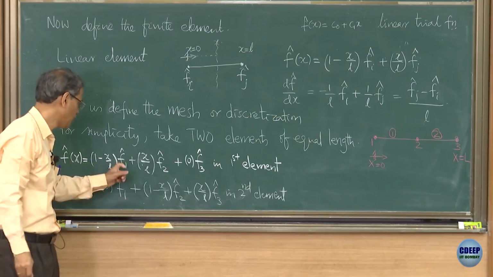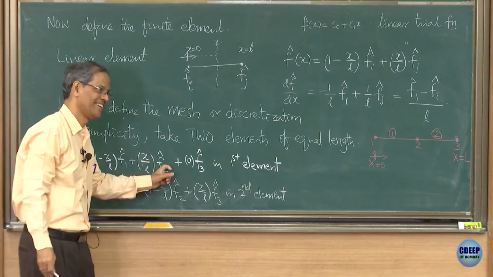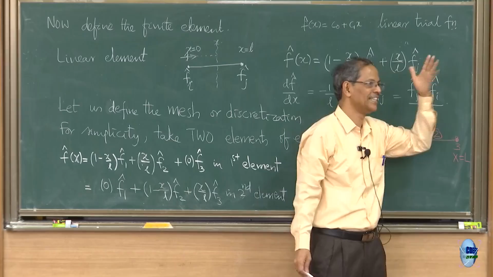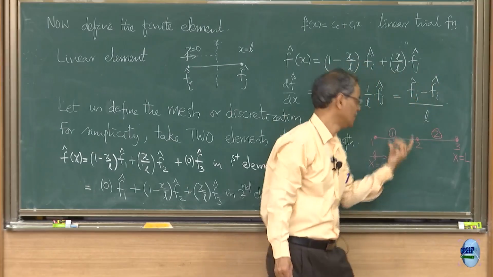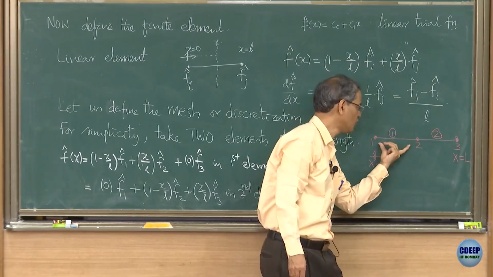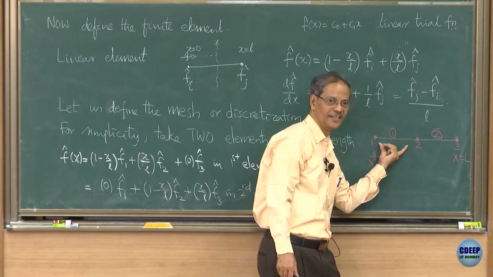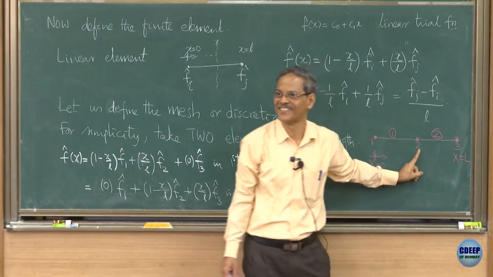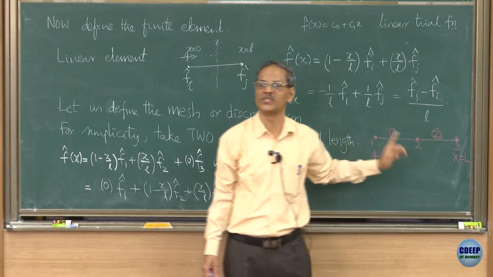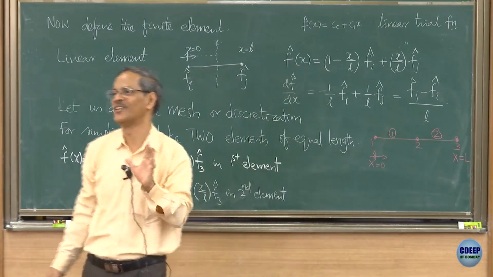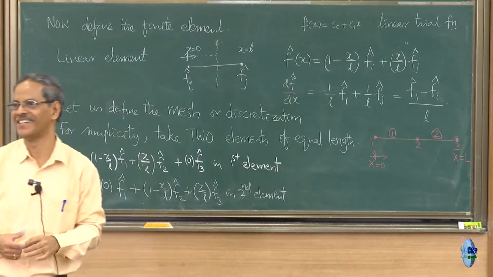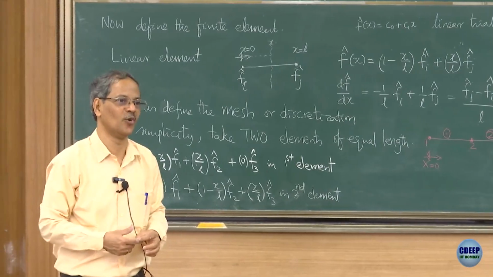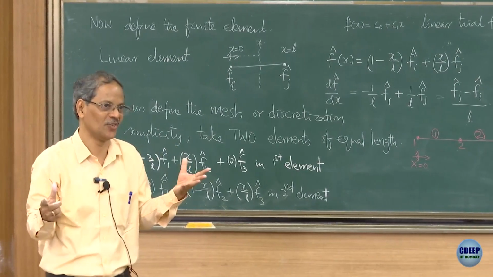It is interpolated from its 2 nodes. You could have f3, f4, f5, whatever, 200, it doesn't matter. It is interpolated for all x values in this element from only the 2 nodal values. This has very significant computational implications, which we will learn more about as we formulate the entire matrix of equations.